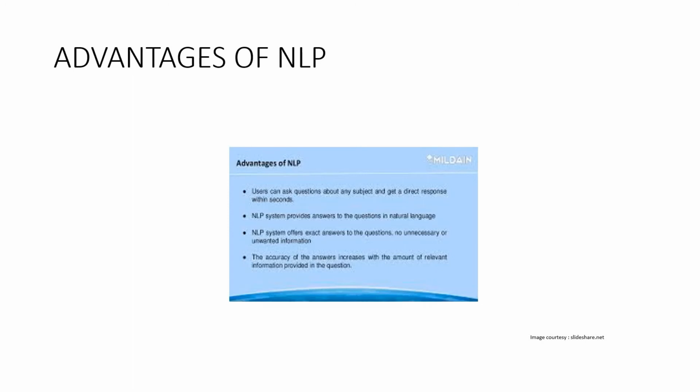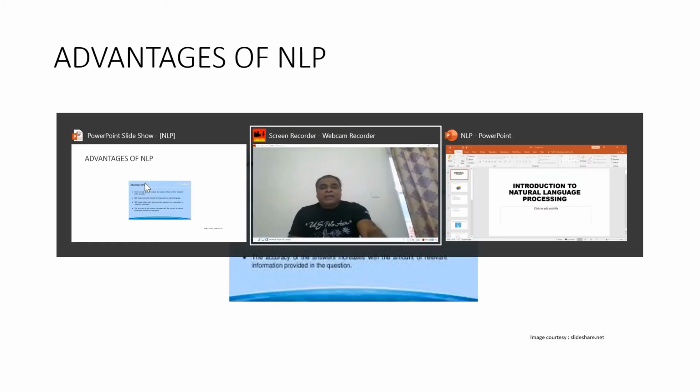Next, I'm going to discuss the advantages of NLP. Most companies use NLP to improve the efficiency of documentation processes, the accuracy of documentation, and to identify information from large databases. NLP is very time efficient.